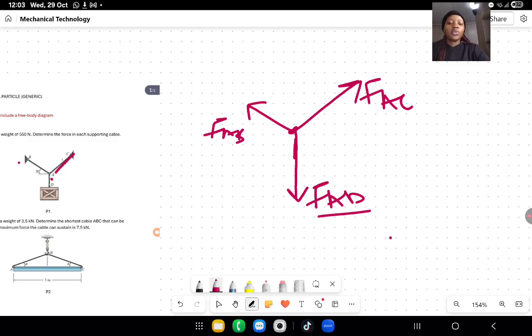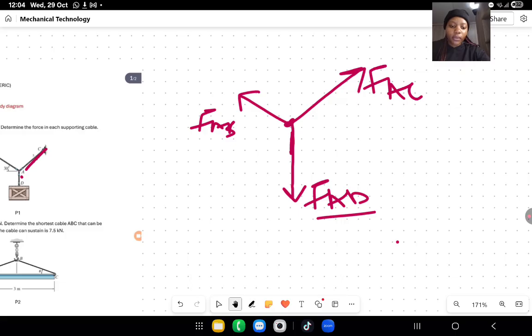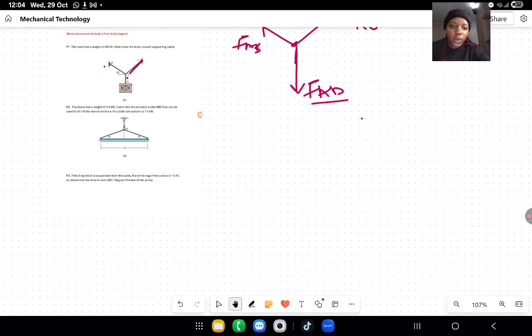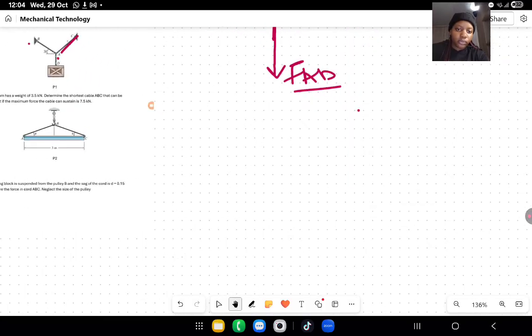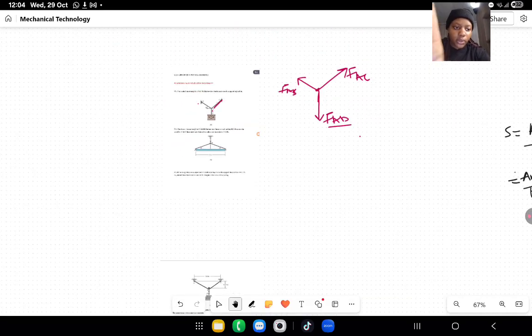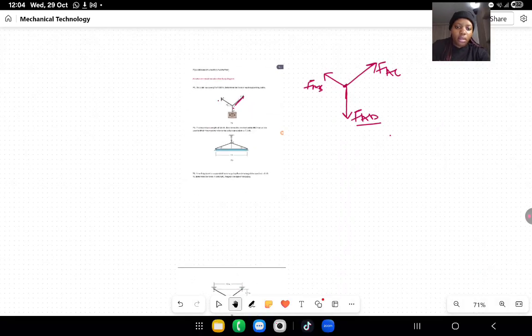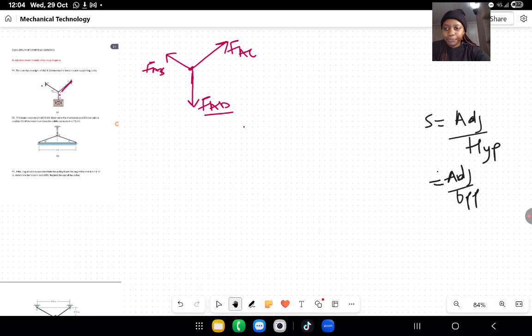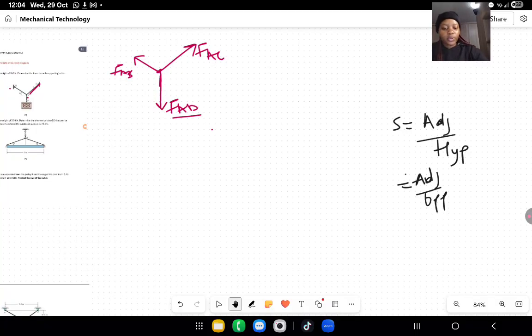So now, since we have drawn our free body diagram, we need to start calculating so that we can get the forces that they are looking for.